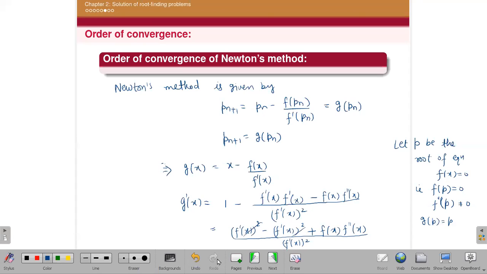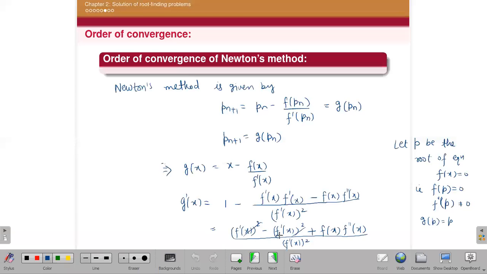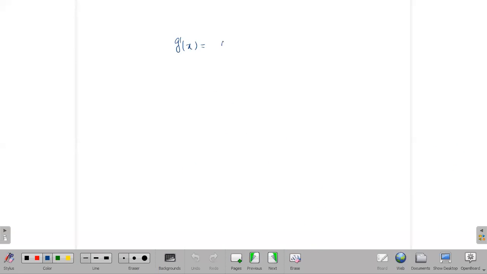So here you will get g dash x is equal to f of x into f double dash x by f dash x whole square. So now you put x is equal to p.